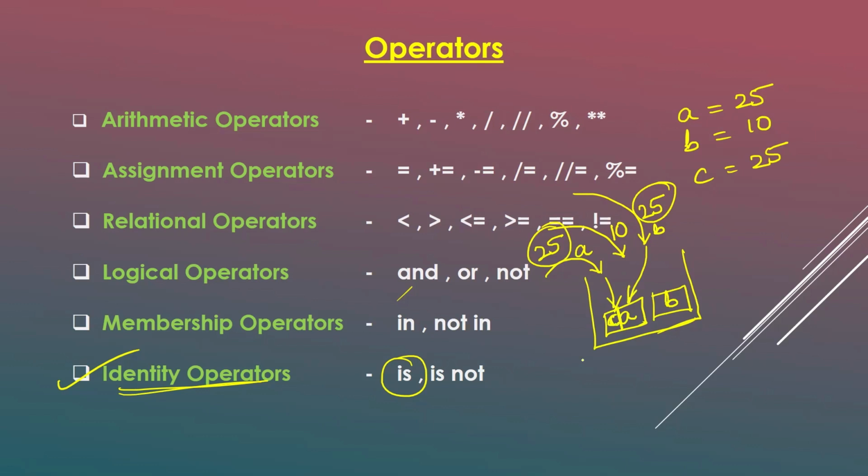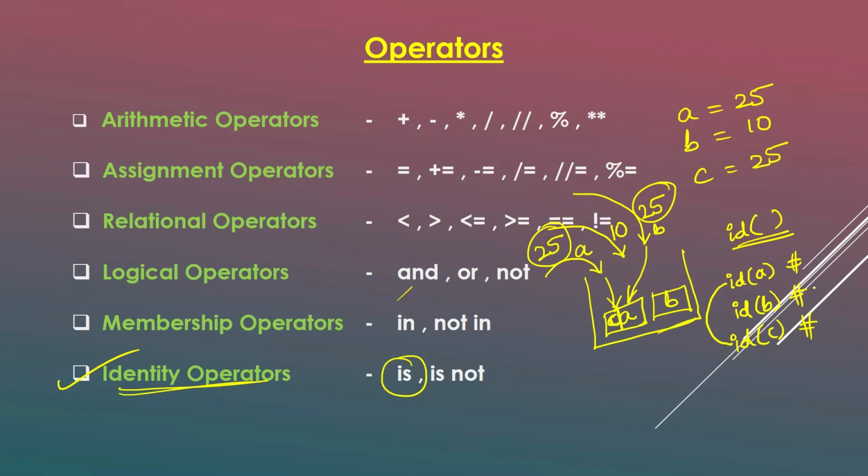To find the address of the variables, we use a function called the id function. If you give id of A, you get one address. If you print id of B, it gives one address. If you print id of C, it gives one address. Here, id of A and id of C will be the same because they occupy the same memory location. The reason is they are holding the same values.